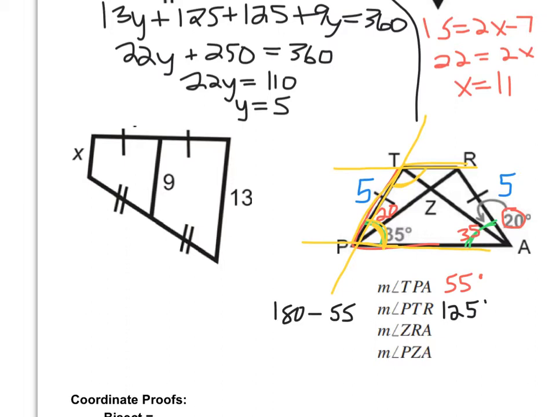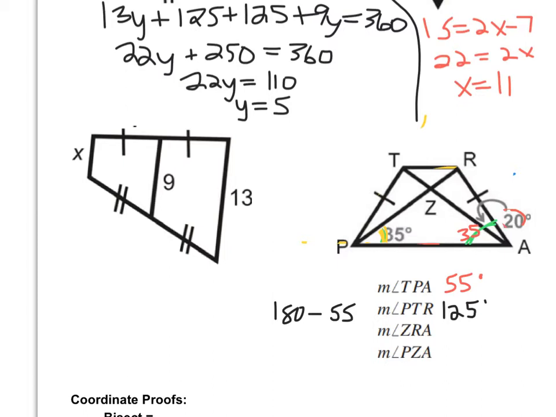ZRA, and then PZA. I'm going to find PZA first. Let me see if I can clean up my diagram a little bit though. Alright. So we have this little isosceles triangle going on right here. How do I know it's isosceles?